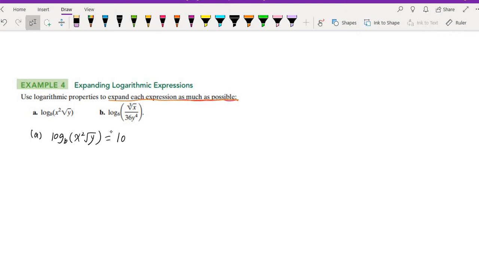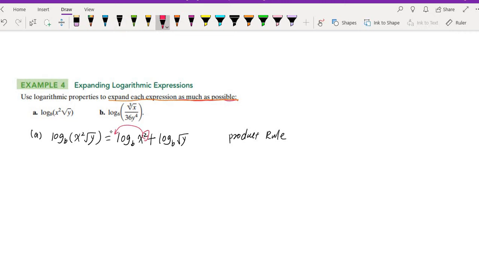We're going to have log base b, my m in this case is x squared, and then the product rule tells us it's plus log base b of the square root of y. And then let's look at if we can do anything further, because we have to expand it as much as possible. So now I look, I actually have a power right here, which means I can bring this to the front.